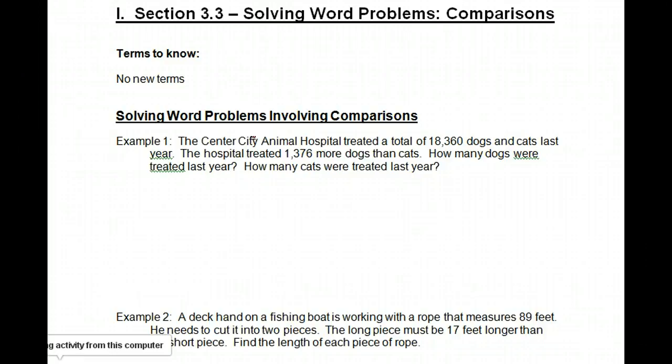We're going to focus on the second sentence that says that the hospital treated 1,376 more dogs than cats. That tells us that we have to know cats first because the number of dogs is based off of the number of cats. So we can write a let statement that says let C equal the number of cats.